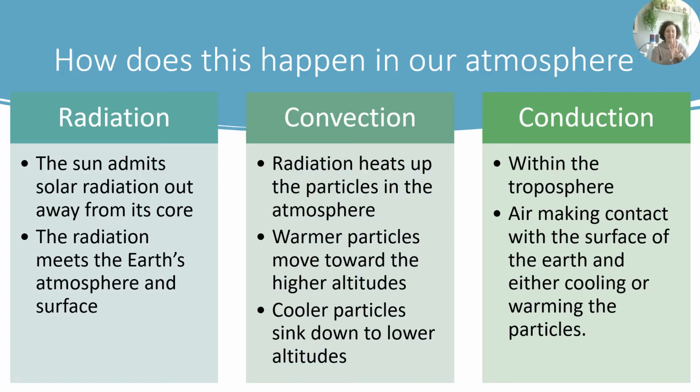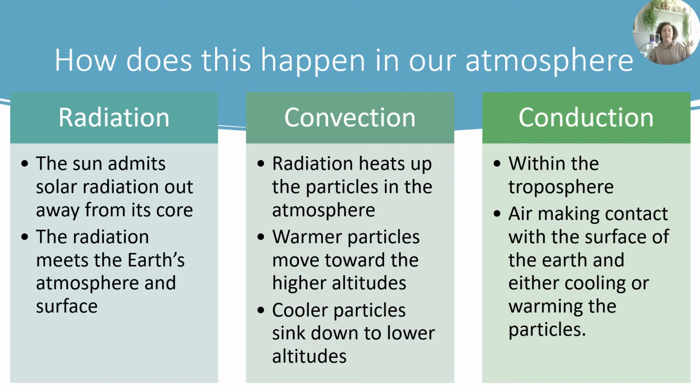You're not physically touching the heat from the fire, but that fire is coming in contact with the air around it, heating up the air. It's heating up the particles in the air, which eventually, if you have your fireplace on for an hour, your whole living room probably feels warm. That is radiation.